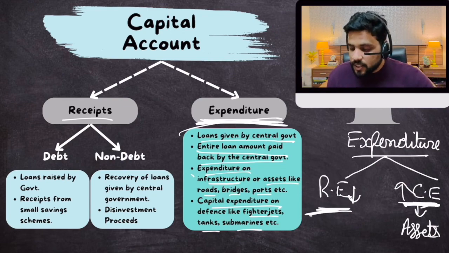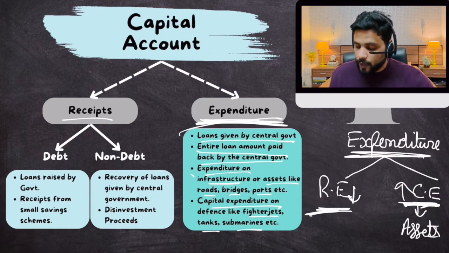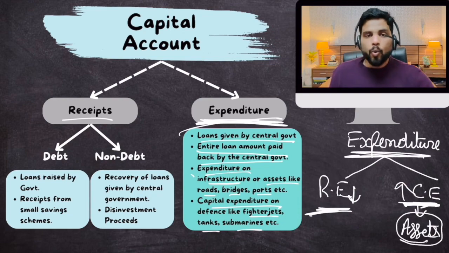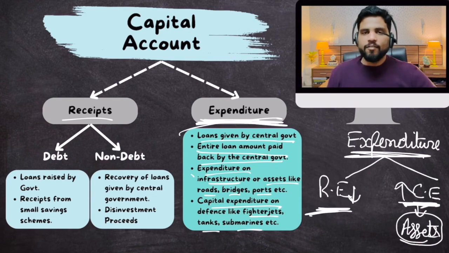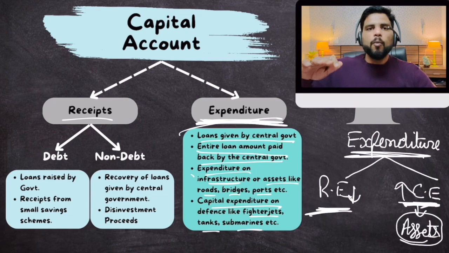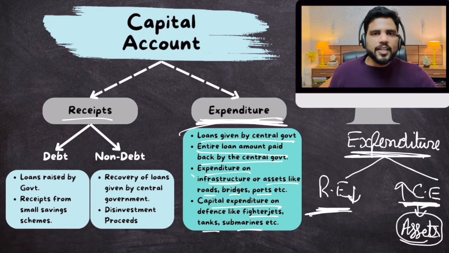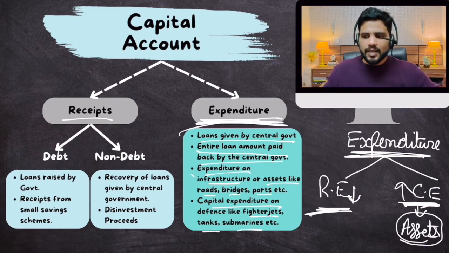Similarly, if government spends money in the capital account, capital expenditure is better because it increases your assets, which improve your production capacity. Your GDP's potential increases to produce more and more. Right? If you have more electricity infrastructure, more factories would run, because factories run on electricity. More goods would be produced. So your GDP would get increased.